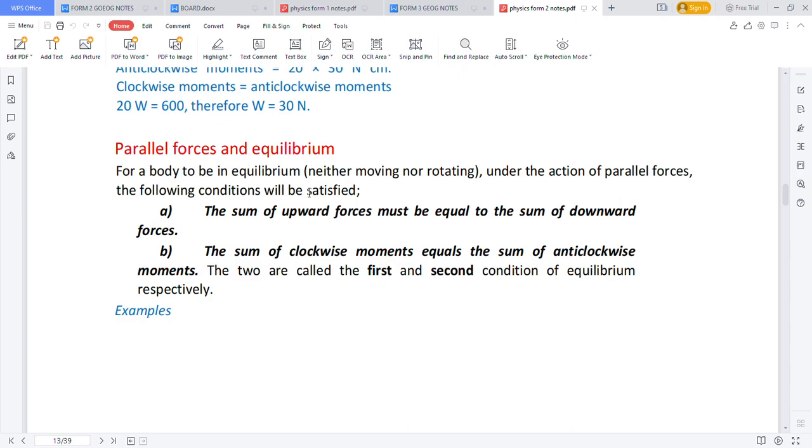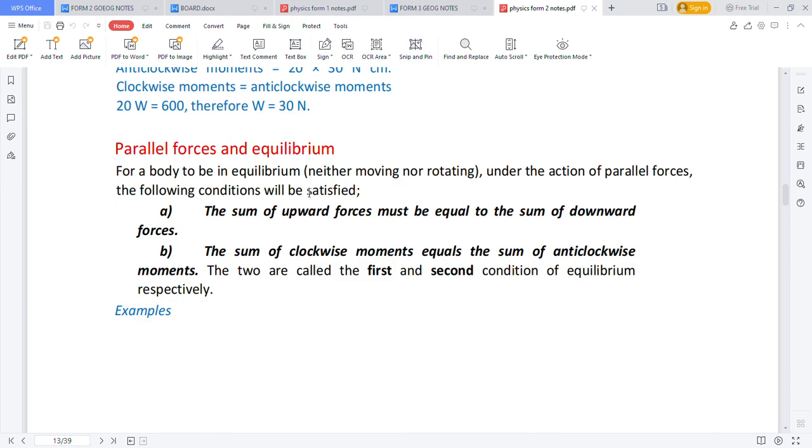Parallel forces and equilibrium. For a body to be in equilibrium, neither moving nor rotating, under the action of parallel forces, the following conditions must be satisfied. 1. The sum of upward forces must be equal to the sum of downward forces.